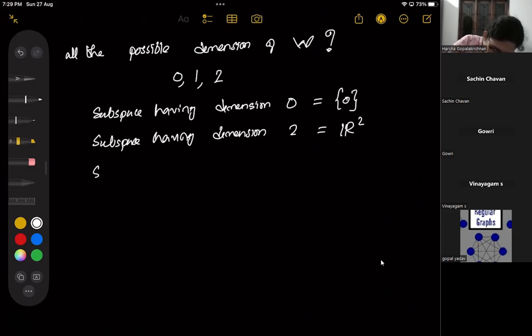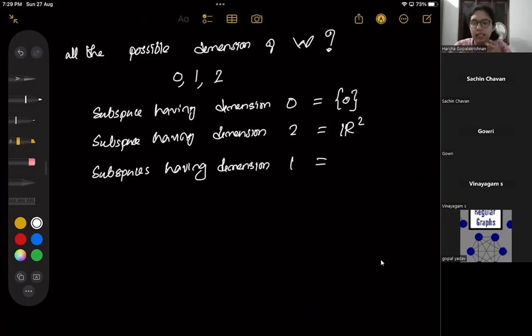Now I am writing subspaces, which means there are various subspaces, not just one, having dimension 1. Can anyone think what the subspace having dimension 1 will be? You can think geometrically about R2, or analytically: dimension 1 means only one linearly independent element generates the subspace.